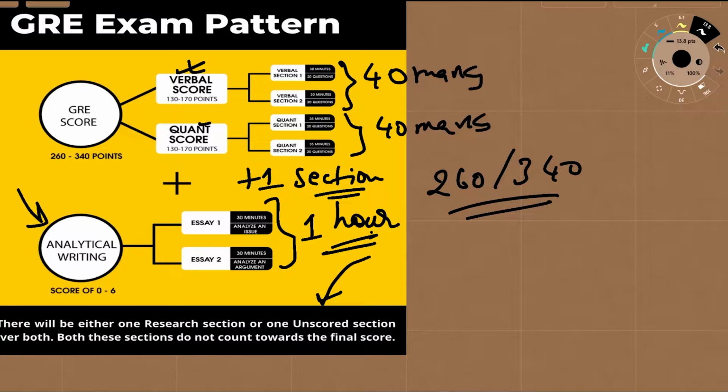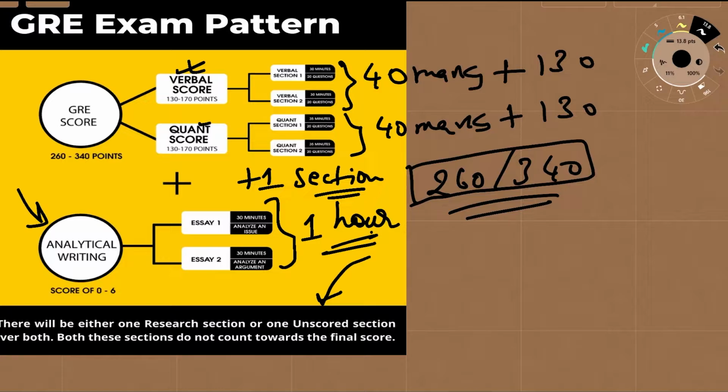Now, this was very confusing for me in the beginning, but then I realized that whatever marks you score, for example, in your verbal assessment, they will add 130 to it. And whatever marks you score in your quant section, they will add 130 to it. So that is why you cannot score less than 260. If you just sit in the exam, do absolutely nothing and come back, this is the score you will get.